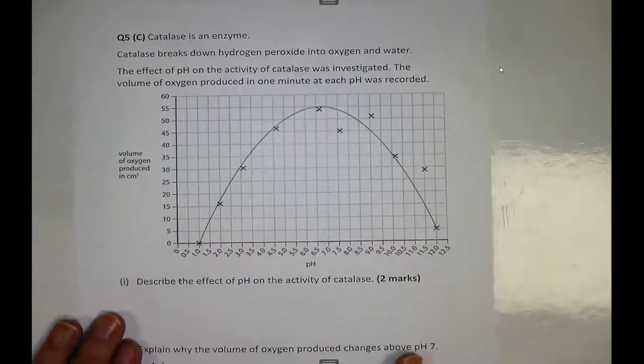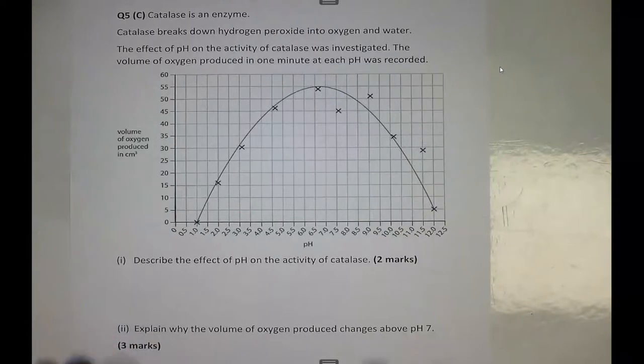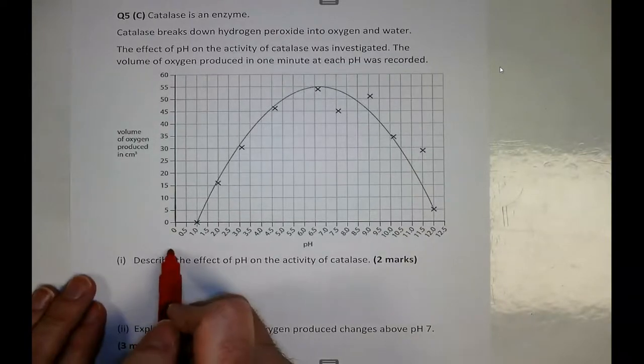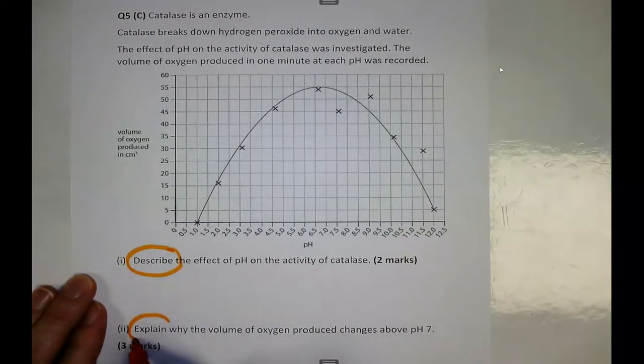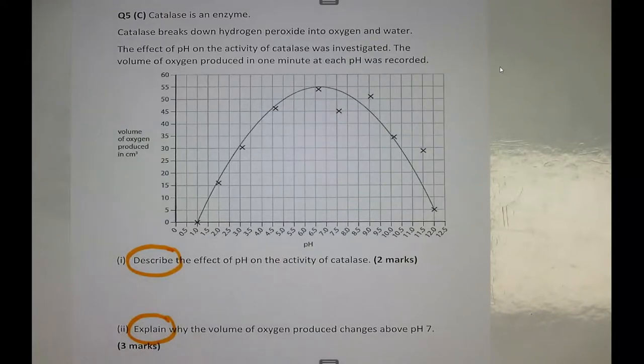Number 5. This one's the final type when you analyze results. Now I just want you to look at two key command words here: describe and explain. So describe is all about what do you see, explain is using the science.